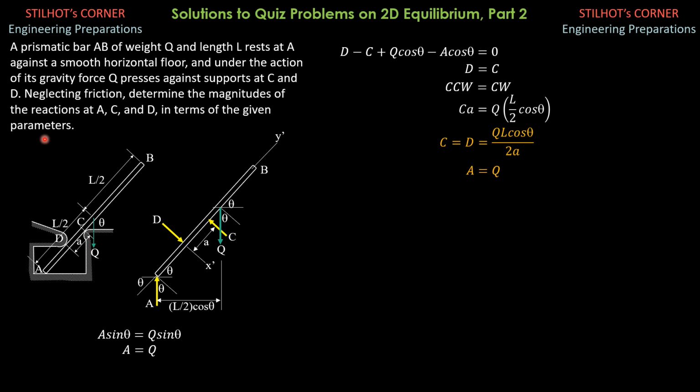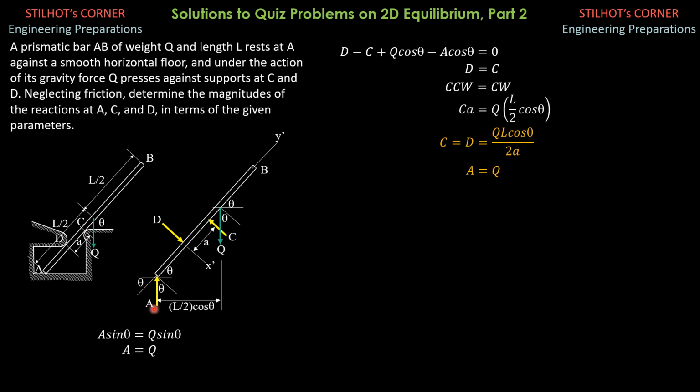So first, let's draw the free body diagram of this prismatic bar. Since the floor is smooth, the contact surfaces are smooth, so the normal reactions should be perpendicular to the contact surface. At the bottom, since the contact surface is horizontal, the reaction should be vertical, perpendicular to the horizontal surface.